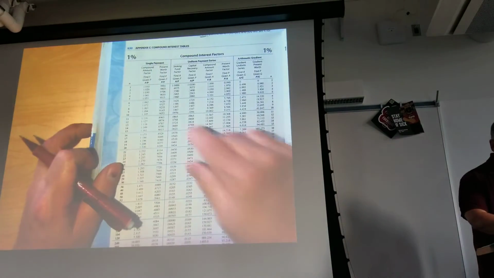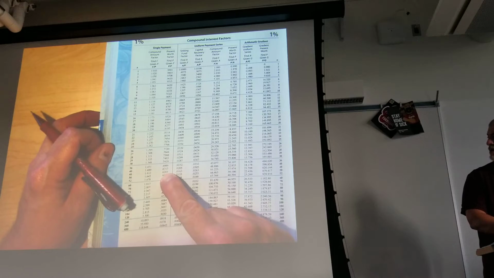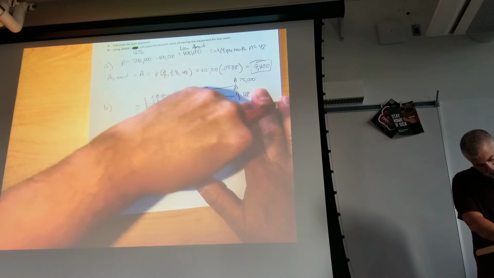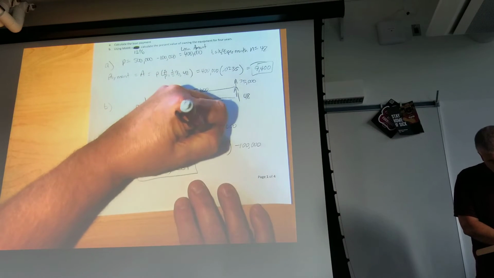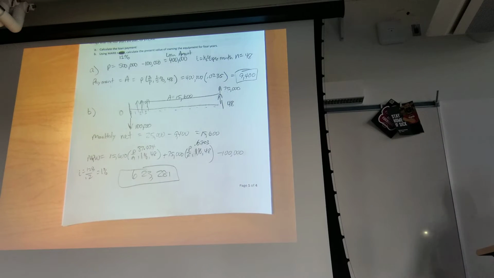So, P over F, 48 is 6203. Okay, so I'm going to re-multiply that. So now we get 538,920.